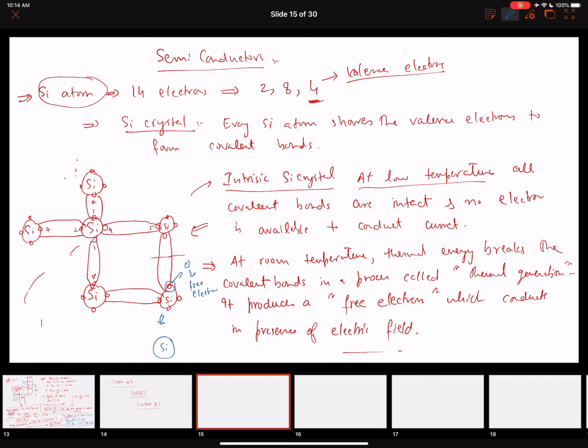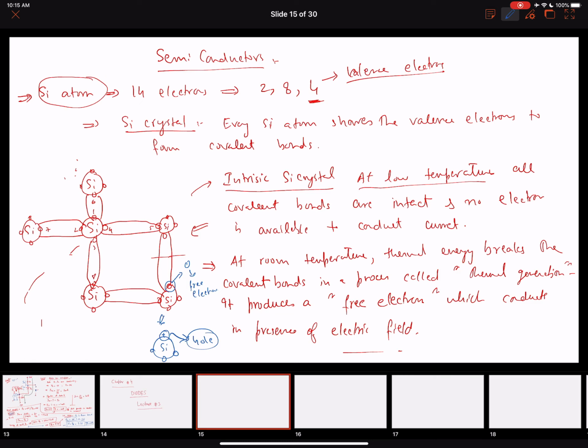This silicon atom is going to have only 3 electrons, a lack of 1 electron, so that will generate something that is called a hole. Right, so this is a hole. So the thermally generated free electrons are equal in number to the holes that are created. So the number of holes and electrons are equal in intrinsic semiconductors.